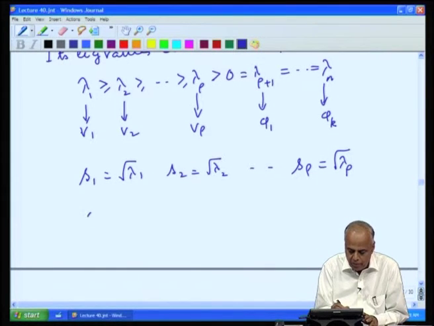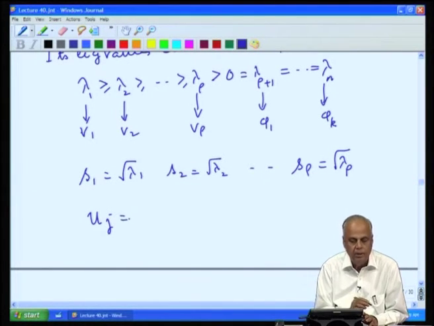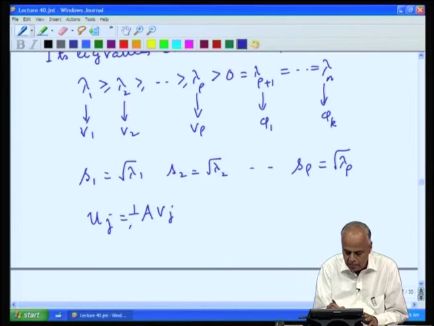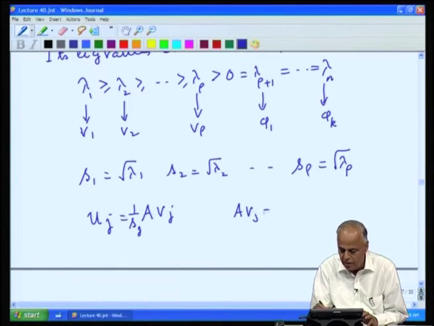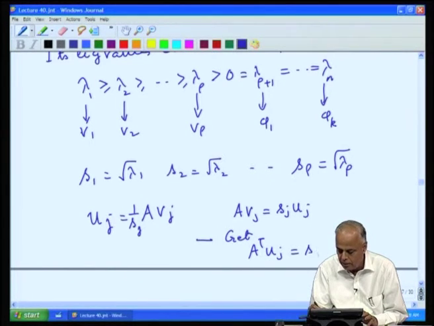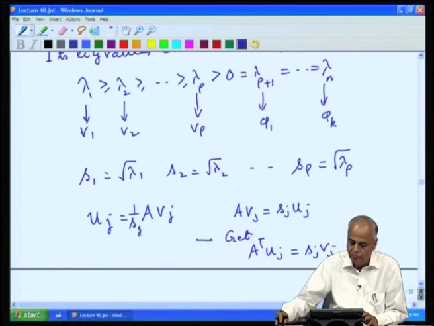Then we define Uj to be A Vj divided by Sj, so that A Vj becomes Sj Uj, and from this we can also get A transpose Uj is Sj Vj.